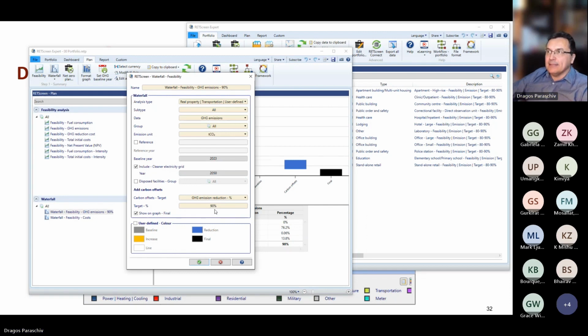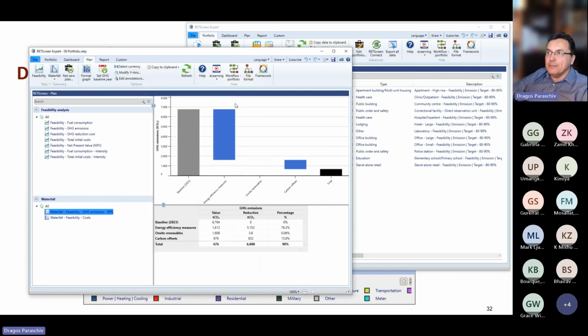That tells us that after we implement the energy conservation projects and after we implement the on-site generation, we need to purchase carbon offsets in the amount of 932 tons of CO2 in order to reach our target. So that's the example that we built very quickly using the archetypes.